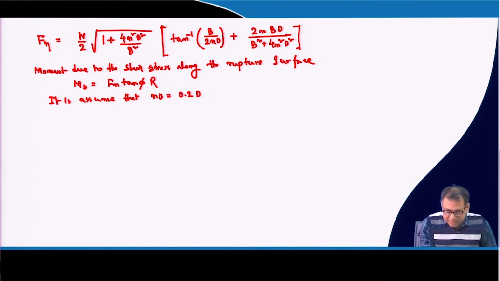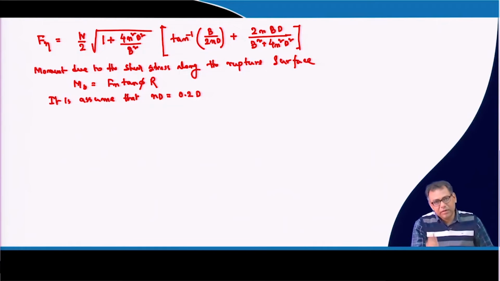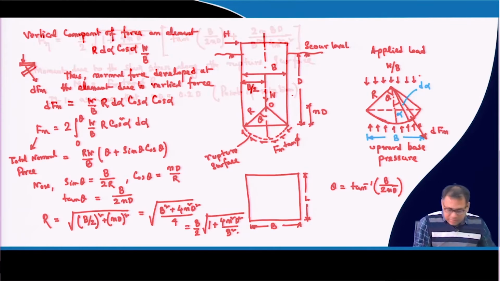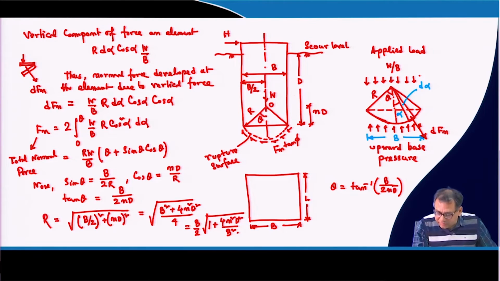So, that means it is assumed that N D is equal to 0.2 d. It is recommended by observation that the point of rotation is 0.2 times d above the base of the well. So, this is the point of rotation.